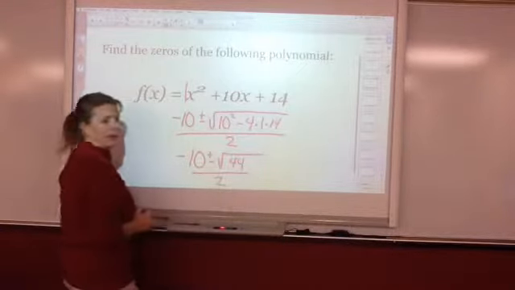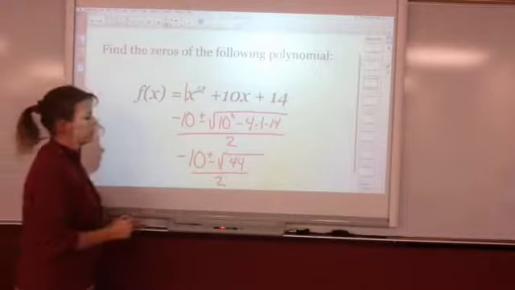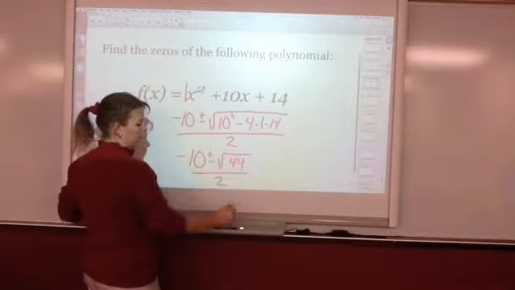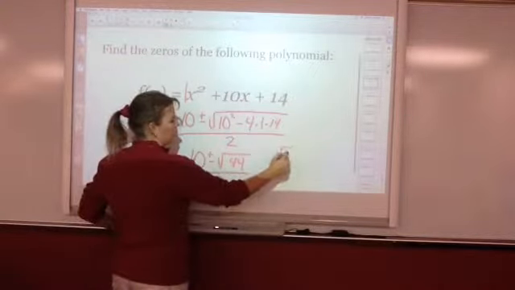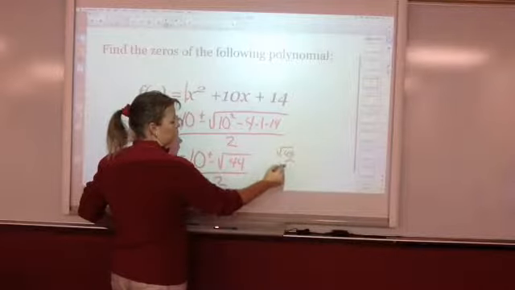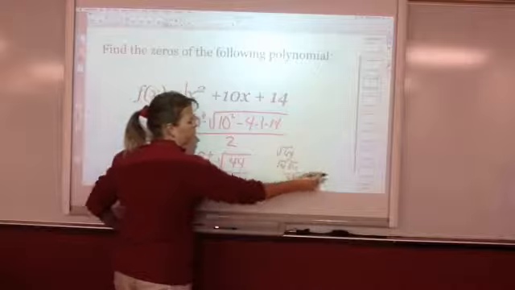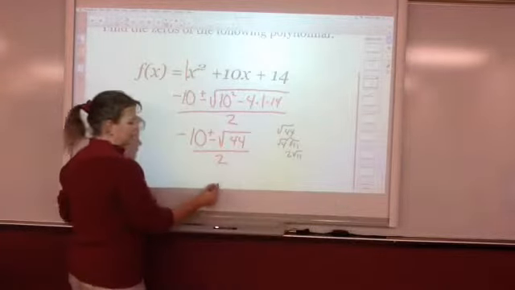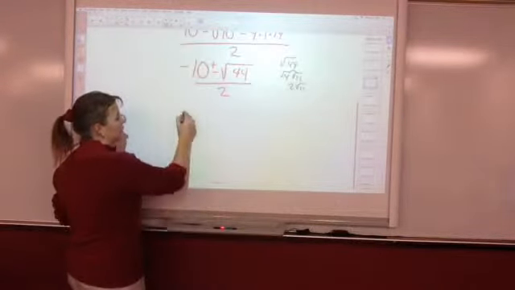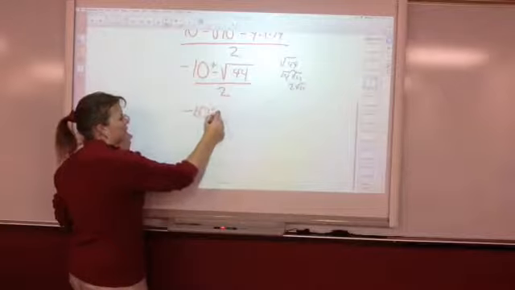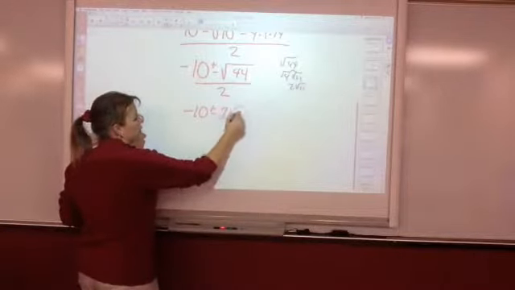You get -10 plus or minus the square root of 44 all over 2. You're going to want to break down the square root of 44 into 4 times 11, which is 2 square root 11. Now, on the simplifying of this, be a little bit more careful. You get 2 square root 11 over 2.